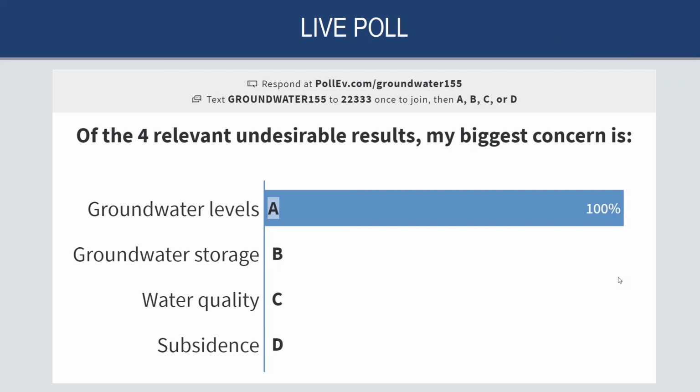We'll give you a couple minutes to respond to the poll. There's actually no right or wrong answers on this one. We're just trying to gauge how you see it compared to how we see it. So far, we agree.